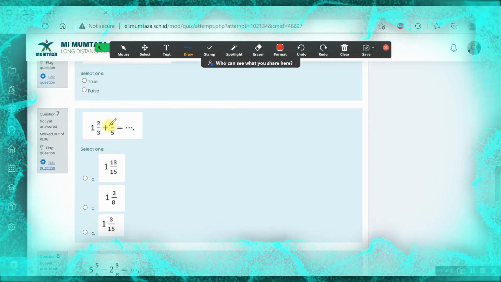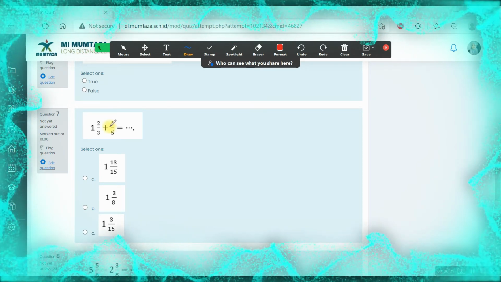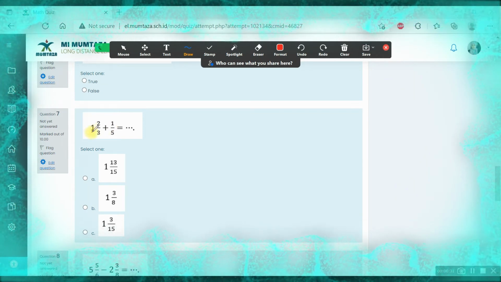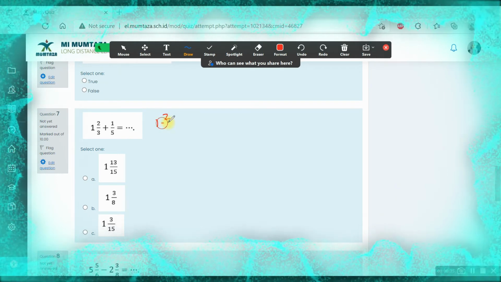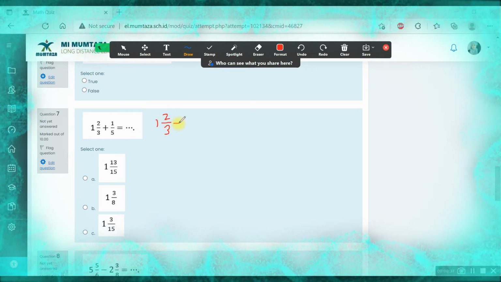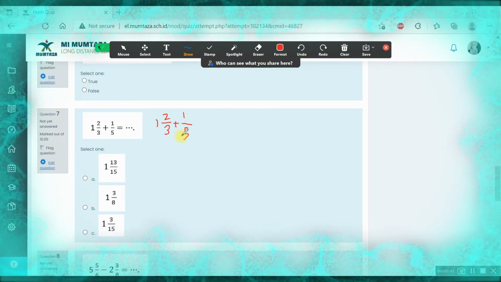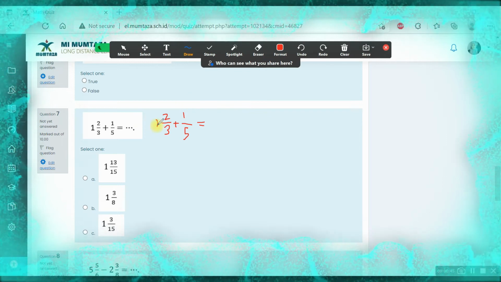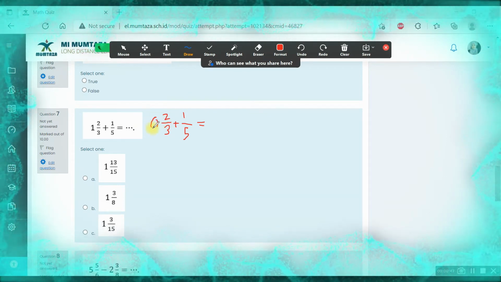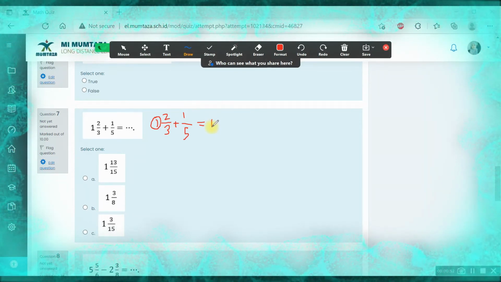In the second fraction, there is no whole number, so we only group the number 1. 1 and 2/3 plus 1/5. Because there is only the whole number 1, we write only number 1.